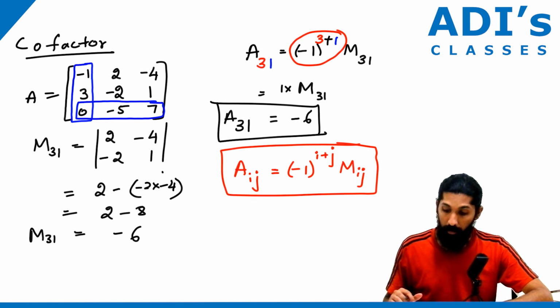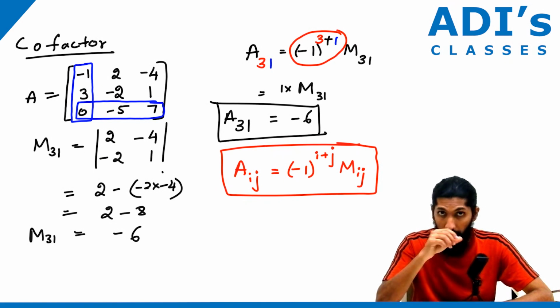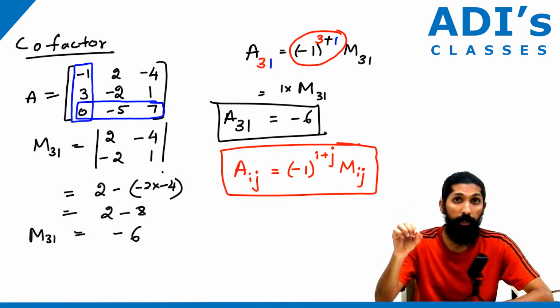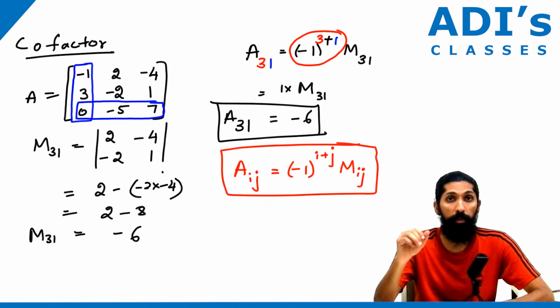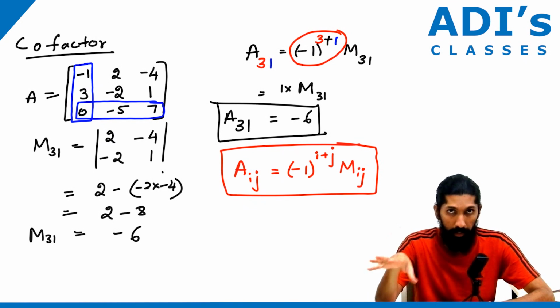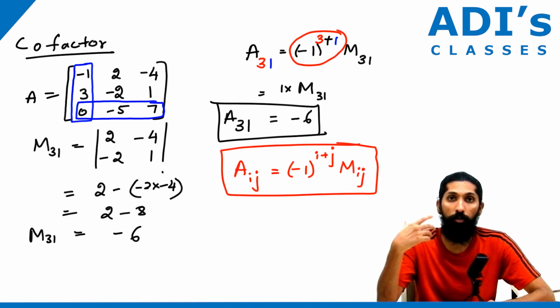This becomes the cofactor of an element. Likewise, we have a cofactor matrix: for each and every element, you calculate the cofactor and write it down, and that becomes the cofactor matrix. Fair enough? Once you calculate the minor, then you calculate the cofactor.